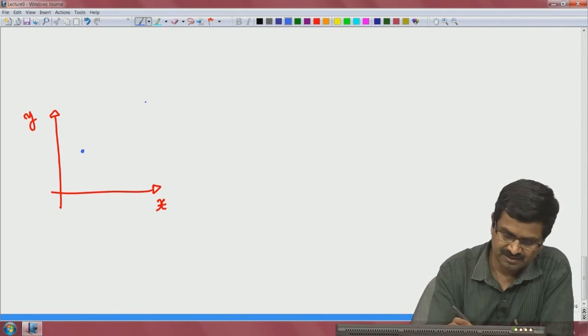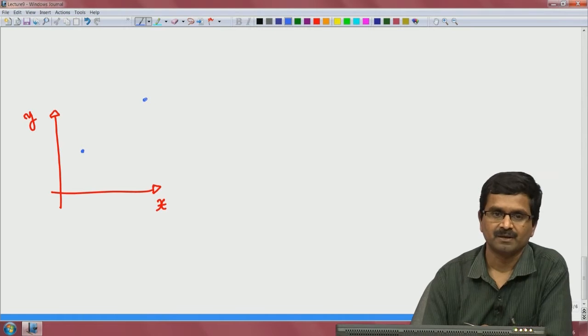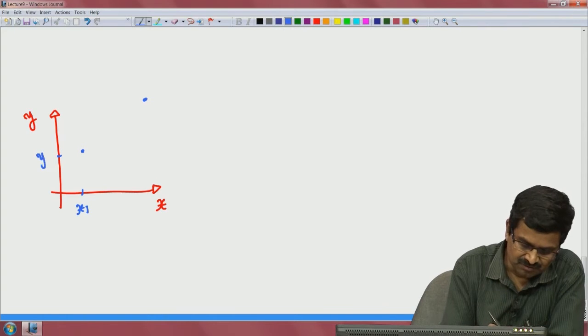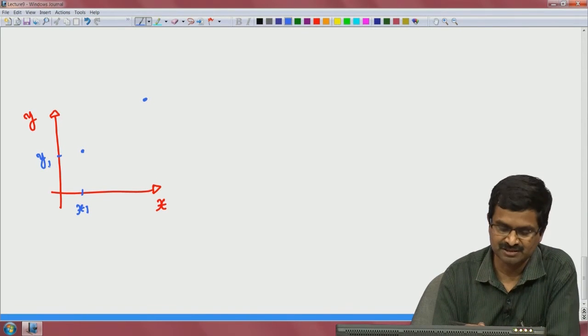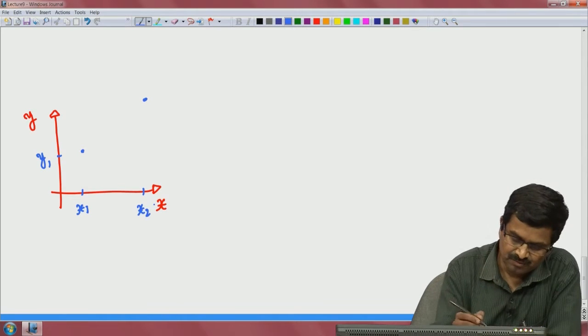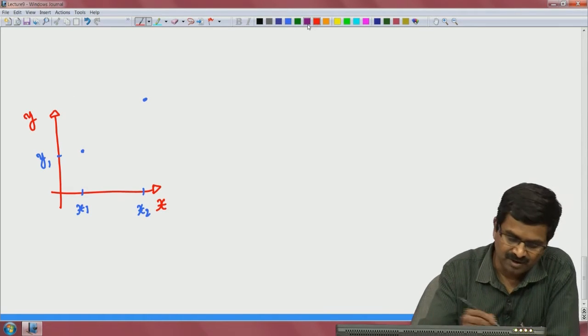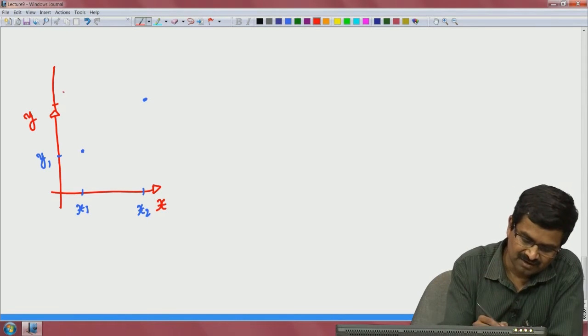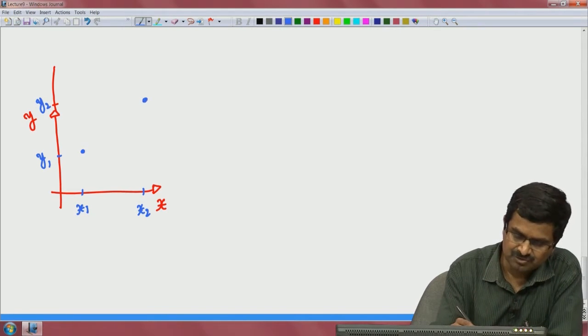Let us say this point is x1, y1, that means the point coordinates x1 y1, and this is x2 and the corresponding y2. So, I have a point x1 y1, x2 y2.